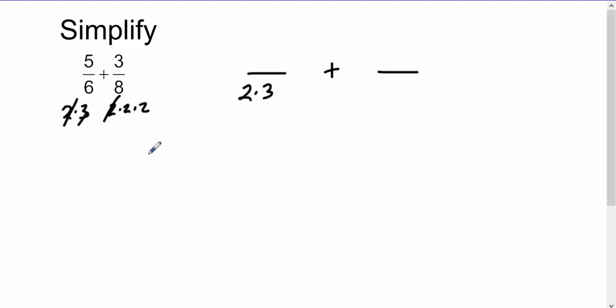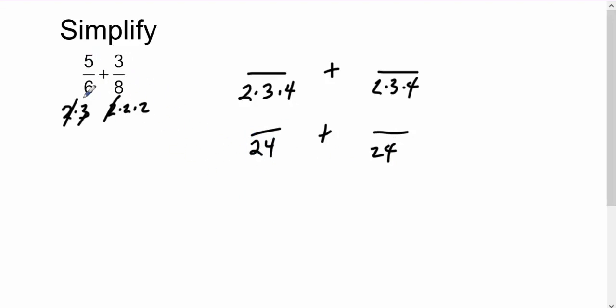So I've dealt with the 3. And what's left? I've got 2 2's left, so I need a 4. Now, the smallest number, which in this case is 24, is my LCD.